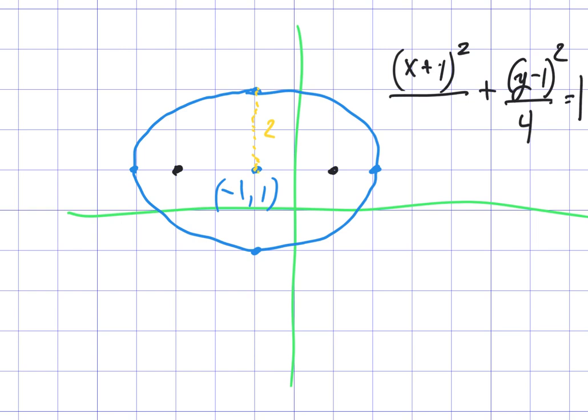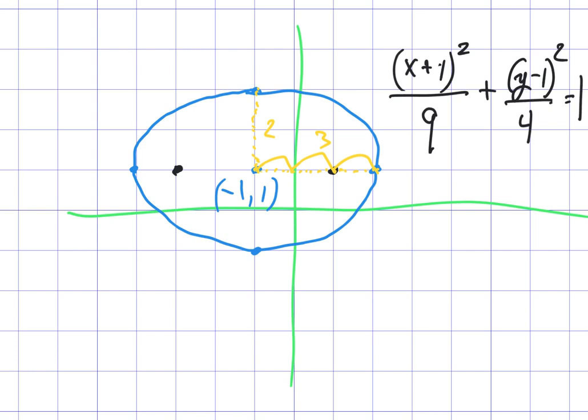And then in the x direction, it appears that I'm going 1, 2, 3. So underneath the x, it's that number squared. 3 squared, this would be 9. So conceptually, as far as what a graph looks like, that's what those numbers are. It allows you to sketch it really quickly.